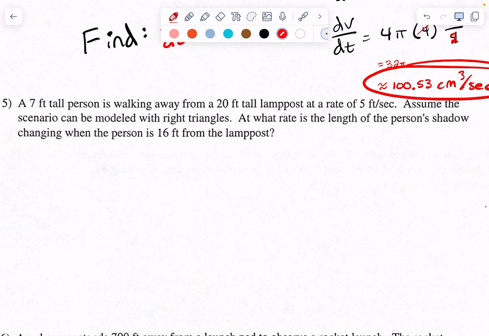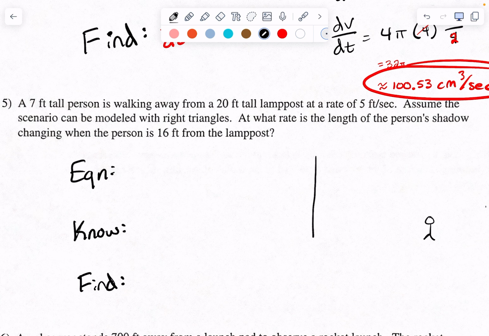Number 5. Equation, no find. Draw a picture first. Is this the right triangle? Probably. A 7-foot tall person is walking away from a 20-foot tall lamp post at a rate of 5 feet per second. I'll draw a picture of this. I'm gonna put the lamp post here, and the person here.